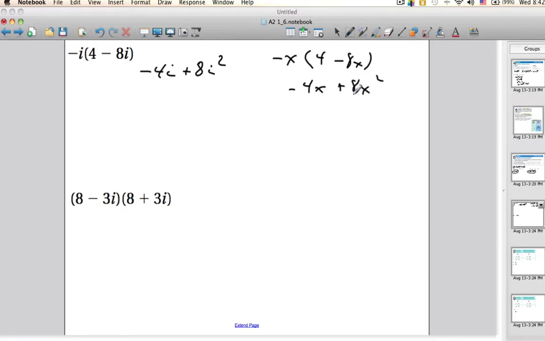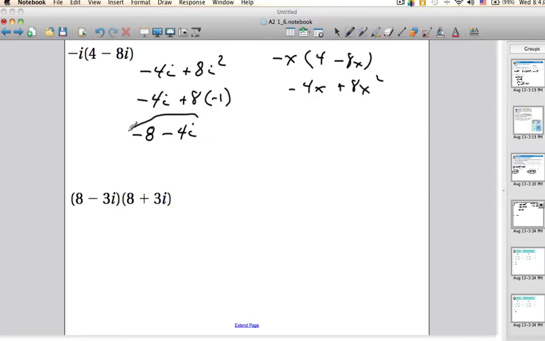What's different, though, is that I know I can simplify i squared because i squared is equal to negative 1. So when I substitute the negative 1 in, I'll end up with negative 8 over here. And now the way we write complex numbers is the real part first. So negative 8 minus 4i. Real part first and the imaginary part last.